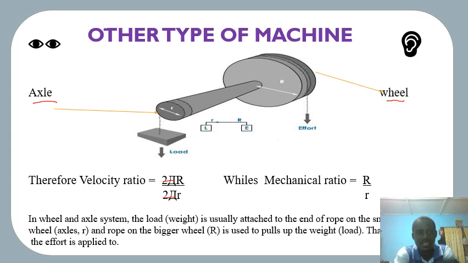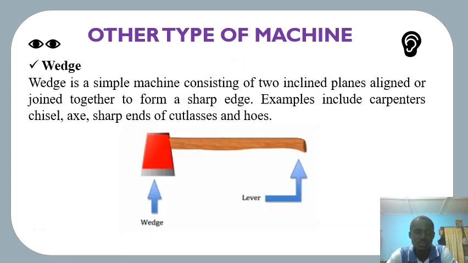In the wheel and axle system, the load, which is the weight, is usually attached to the end of the rope, while the effort is applied at the larger part. So the load is here and the effort is here. Let's take note of them. You need to know these basic terms.